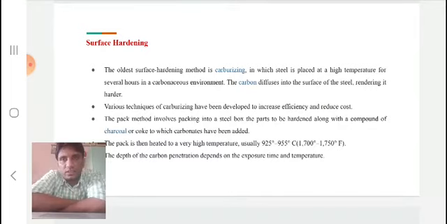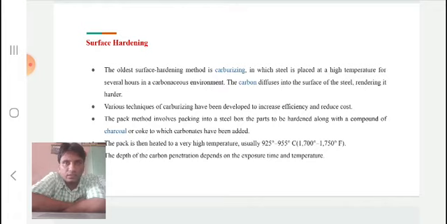This is a continuous process, and in the furnace they maintain a carbonaceous gas like carbon monoxide or carbon dioxide or methane or propane or acetylene gas, and the component is heated to a temperature of 900 to 950 degrees centigrade and then allowed to pass into the furnace.